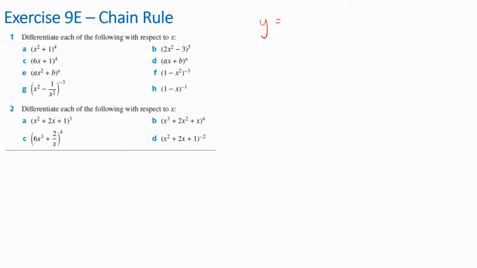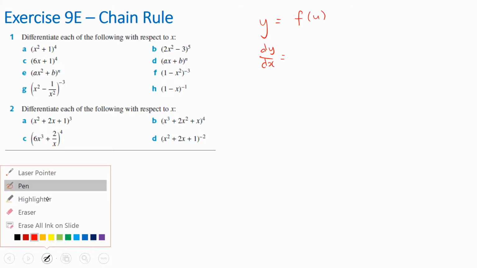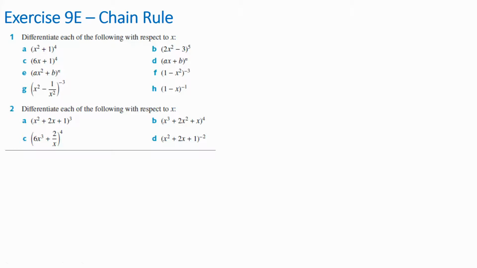That's product rule, chain rule. A function within a function, so let's say that f of u, okay? Then dy du, dy dx, sorry. This is tricky to write in simple notation, that is.